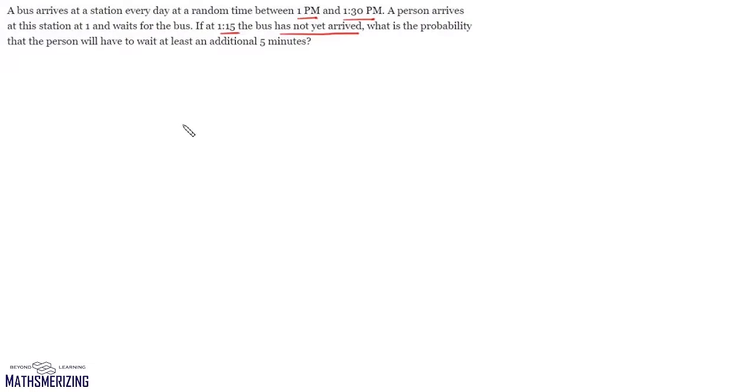Now this bus arrives at a station every day at a random time between 1 p.m. and 1:30 p.m. So the time of arrival for this bus is random, and it is a continuous variable which lies between 1 p.m. and 1:30 p.m. So we'll consider this length as 30, taking 1 unit for each minute.